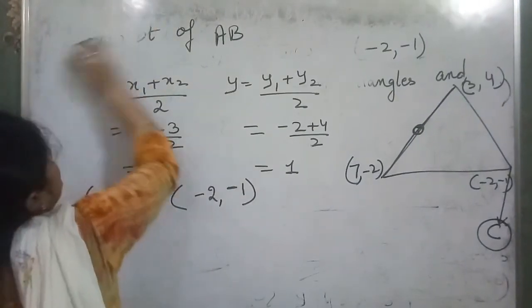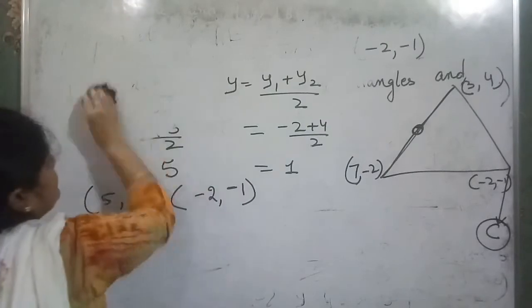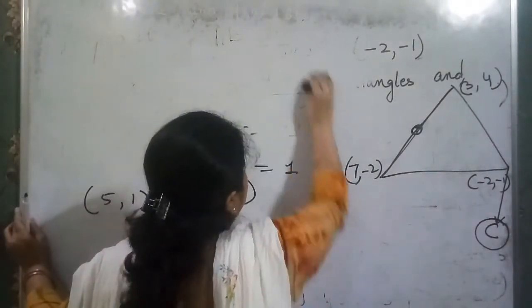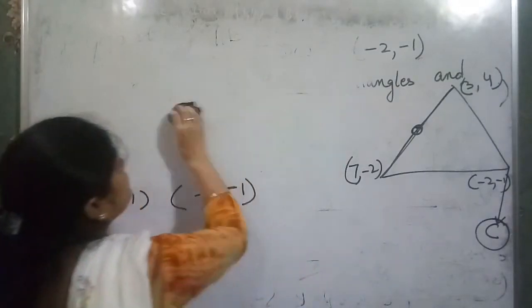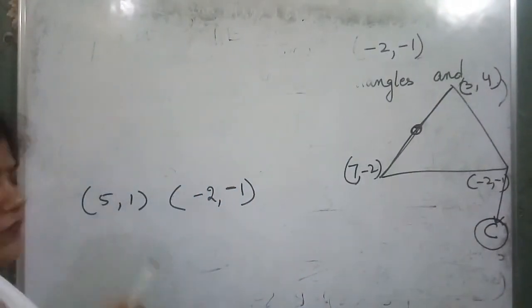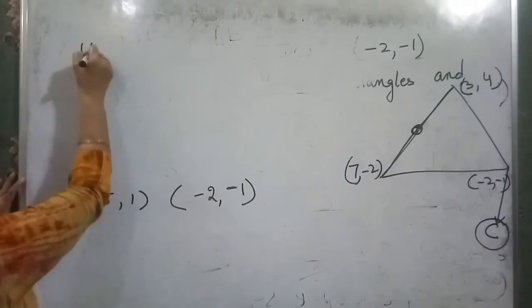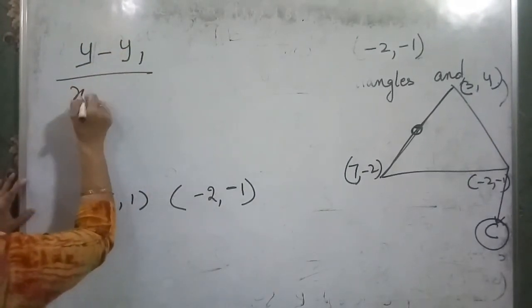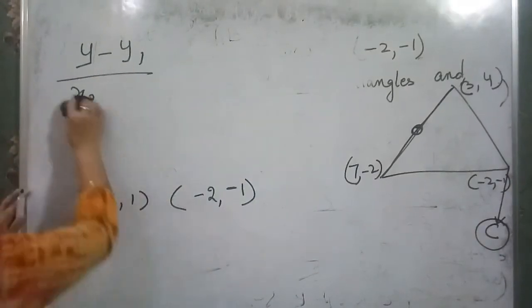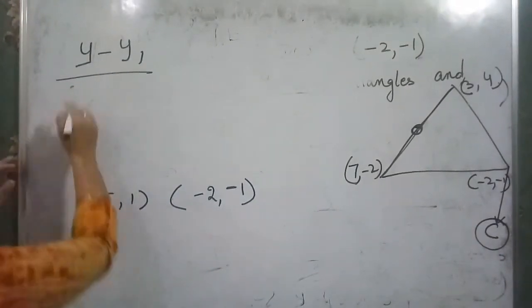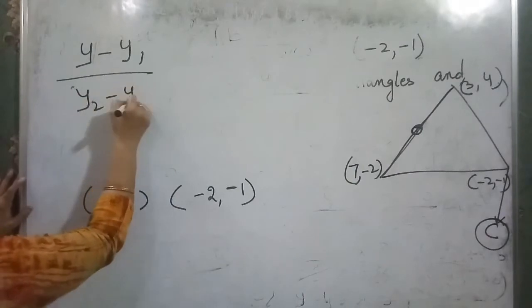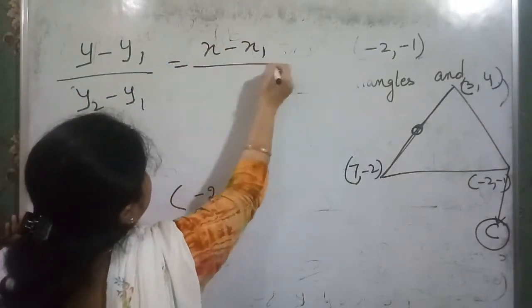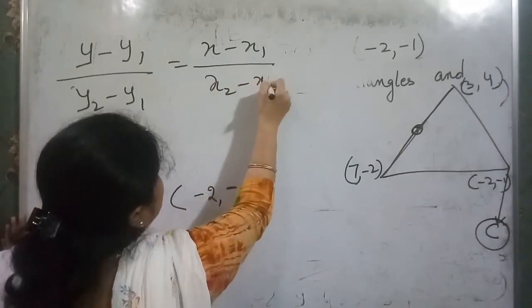What is the formula we have? Just tell me. The formula we have for the equation of the line which passes through these 2 points: (y minus y1) over (y2 minus y1) is equal to (x minus x1) over (x2 minus x1).